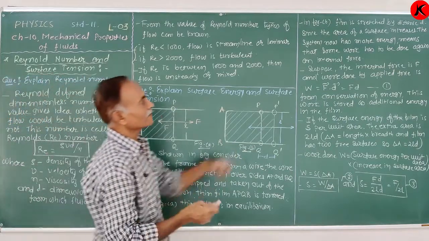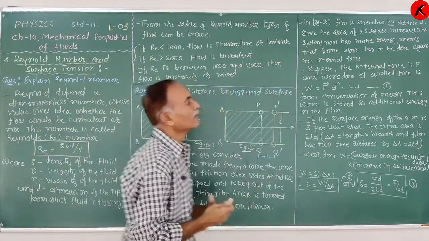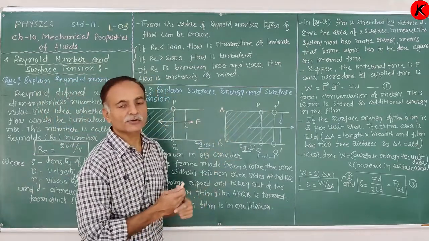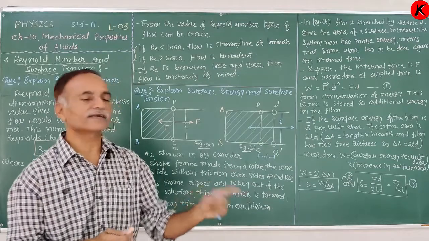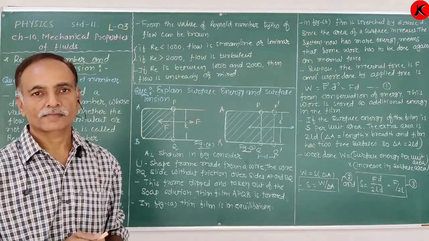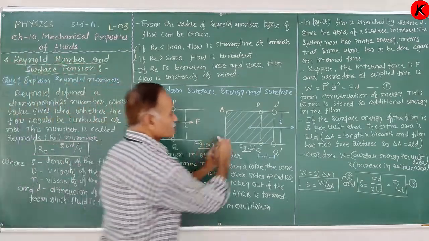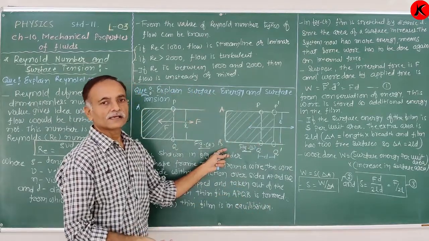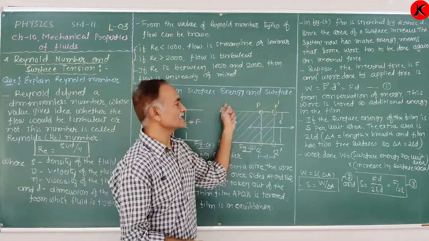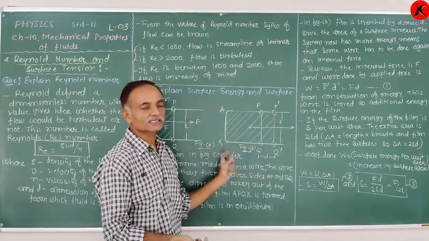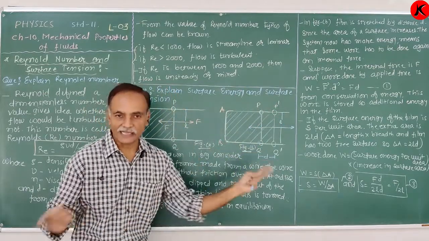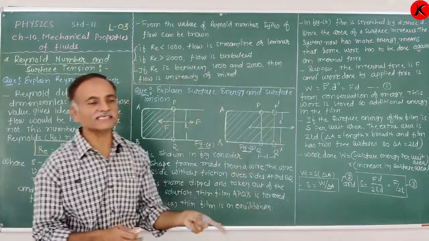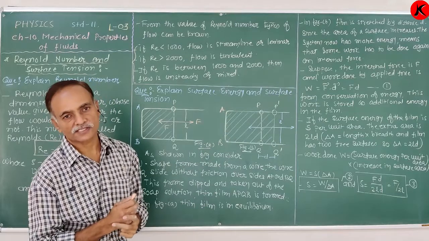In this situation, the system now has more energy, which means some work has to be done against the internal force to expand the surface APQB to the final surface AP'Q'B.